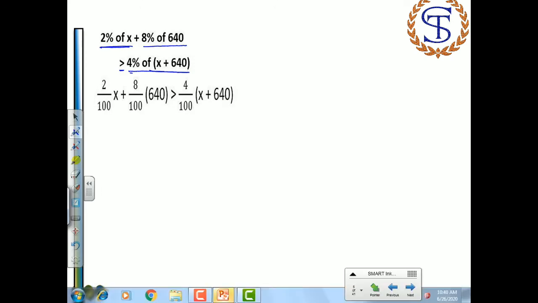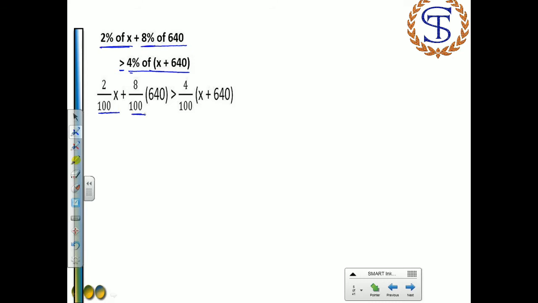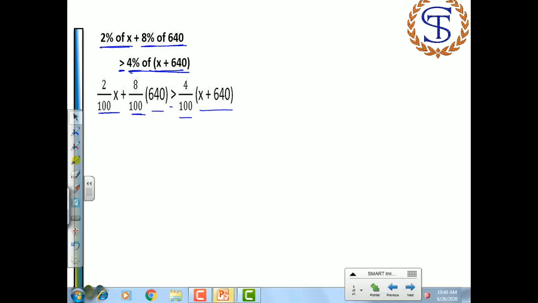It can also be written like this: 2% of X means 2 upon 100 X, plus 8% means 8 upon 100 of 640, is greater than 4% means 4 upon 100 of the total mixture, that is X plus 640.